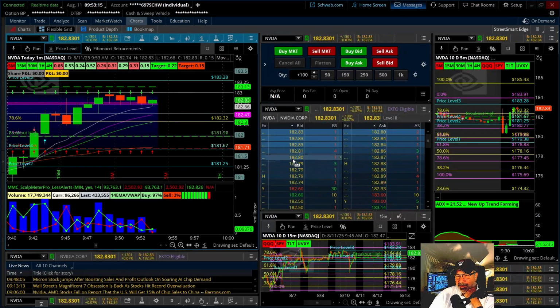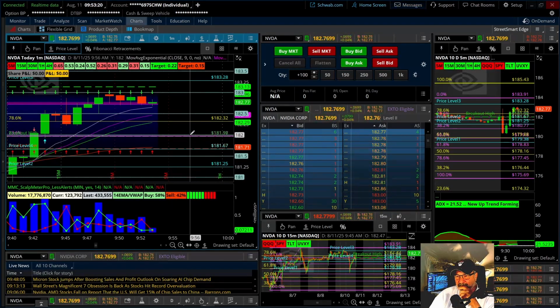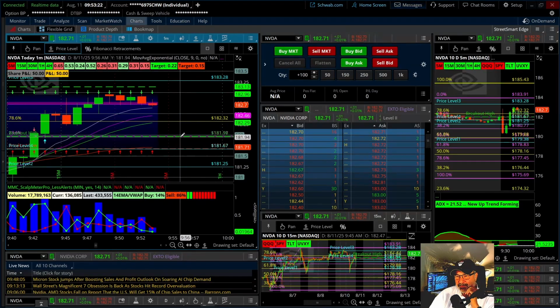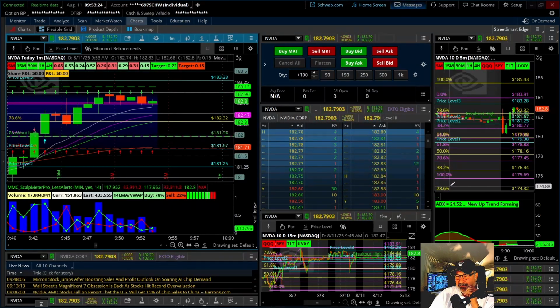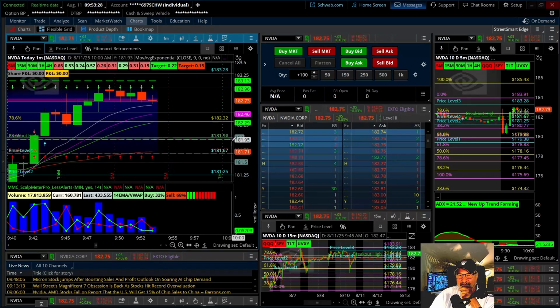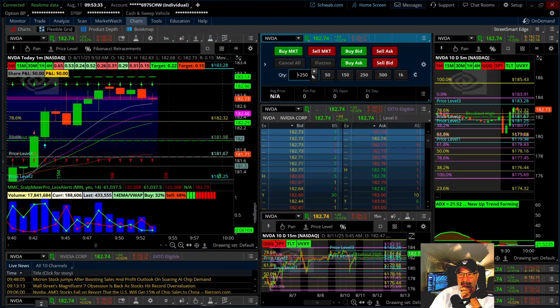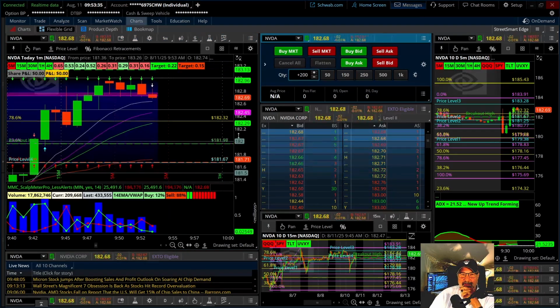So now I take a look at level 2 and see what we get for movement here. Right now it looks terrible. 5 to 8 cents. We definitely want more share size over here if I even try this.